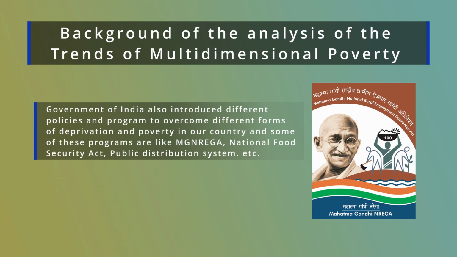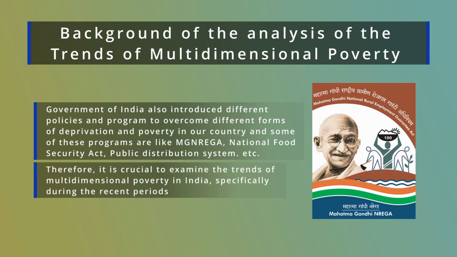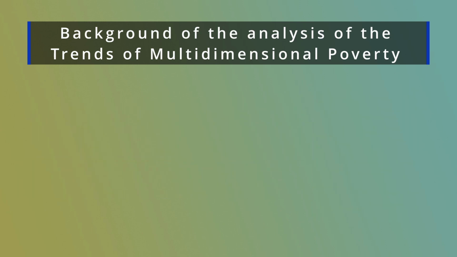Some of these programs are MGNREGA, the National Food Security Act, the Public Distribution System, etc. Therefore, it is crucial to examine the trends of multidimensional poverty in India, specifically during recent periods.